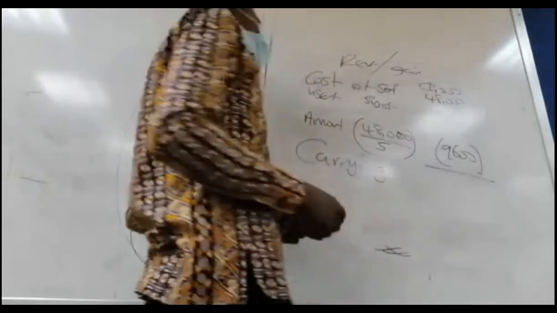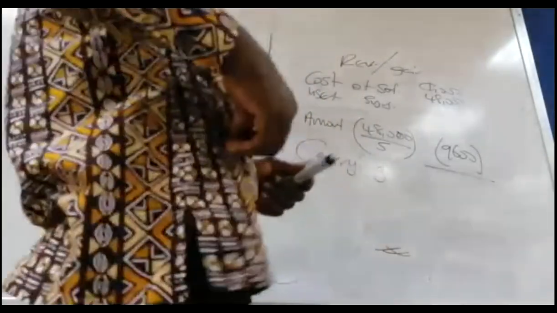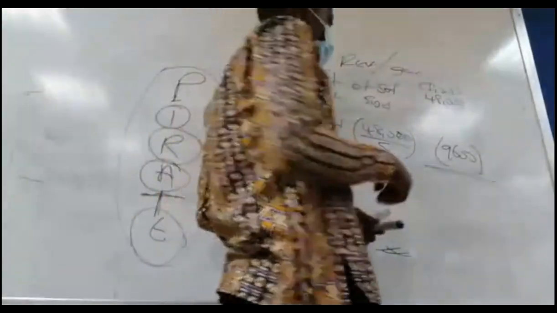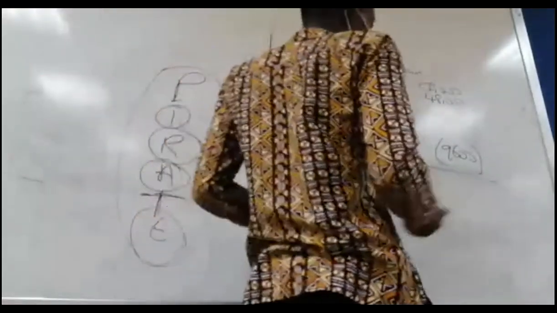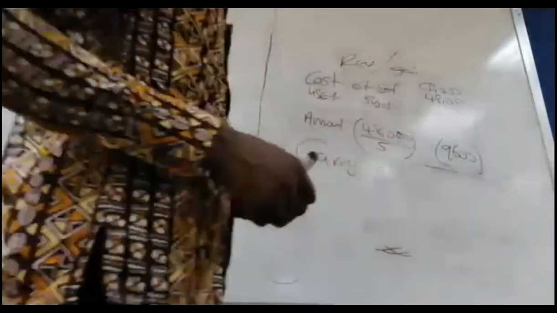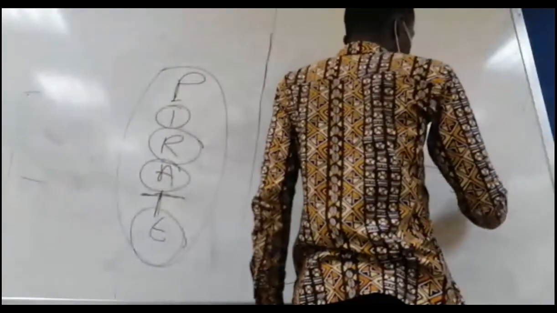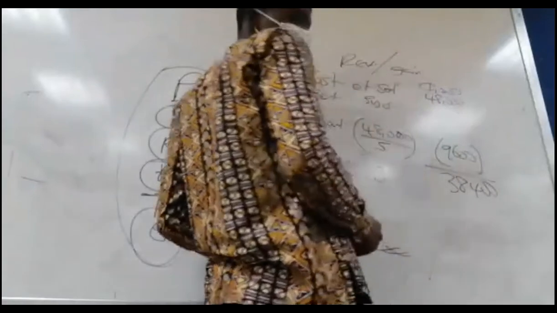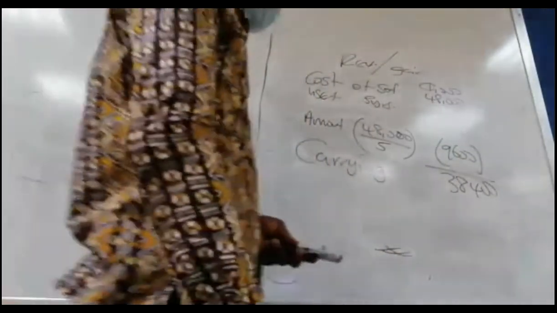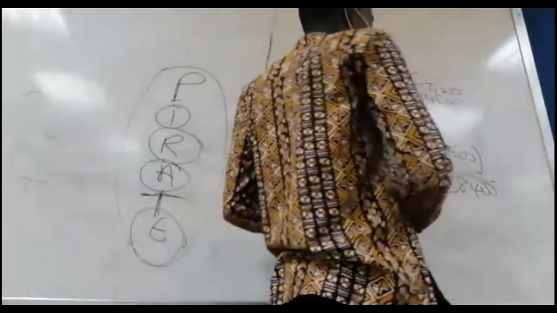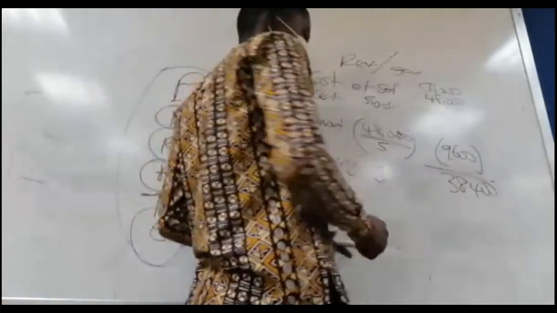So this one will give us 38,400. Perfect. Then we are probably going to end. So that's the current amount at the date of the revaluation.